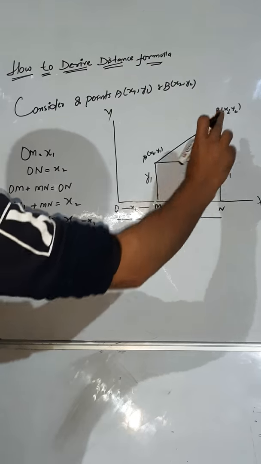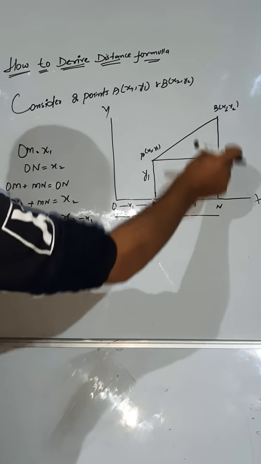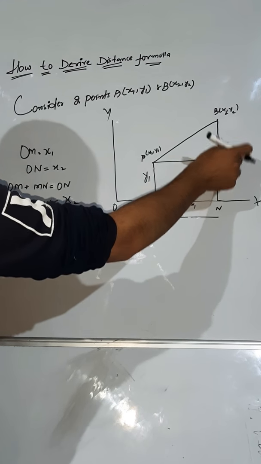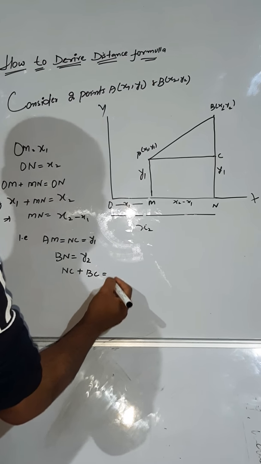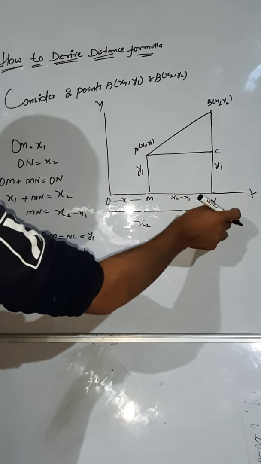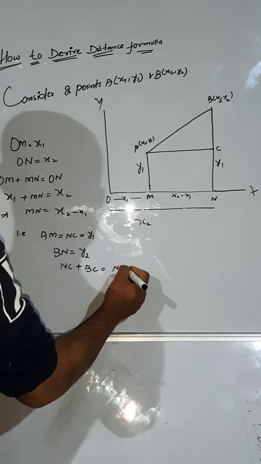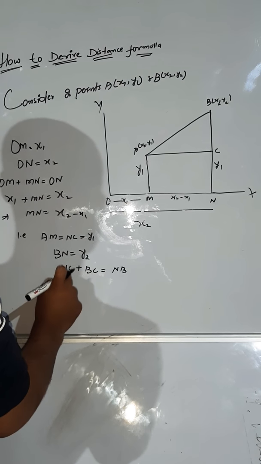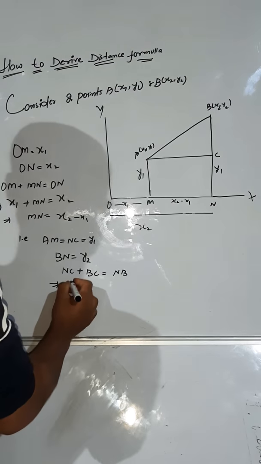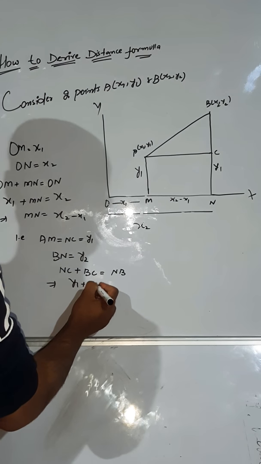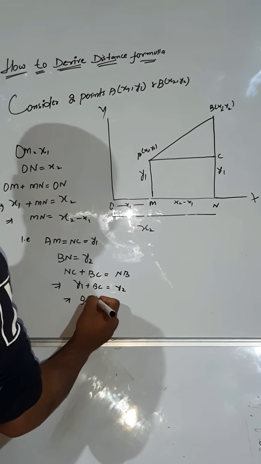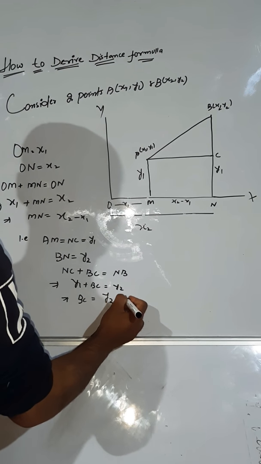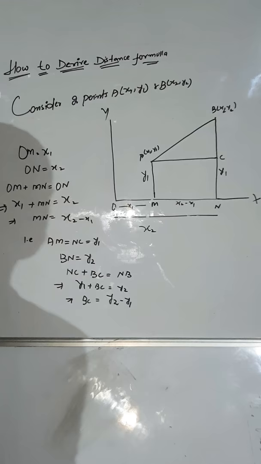To find BC, we get NC plus BC is equal to NB, implies NC is y1 plus BC, and NB is y2. Thus BC is equal to y2 minus y1.